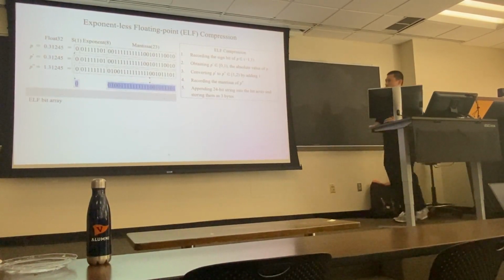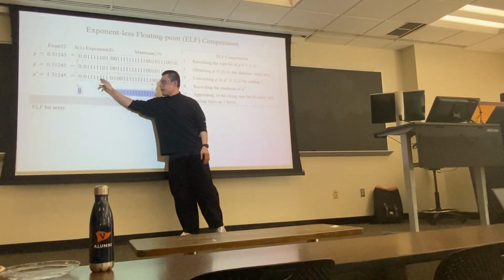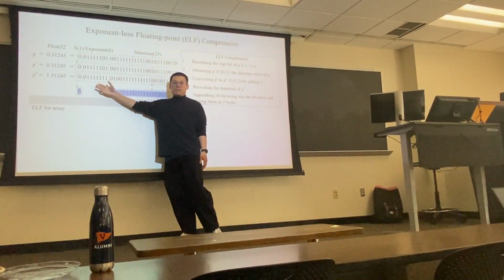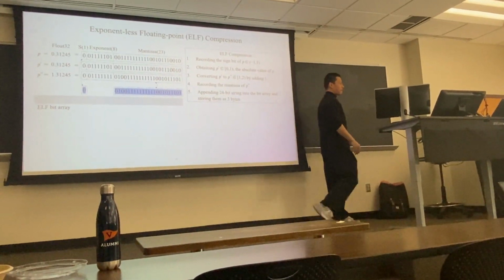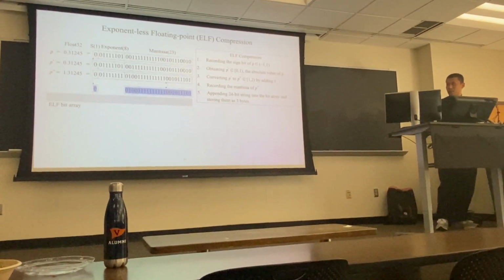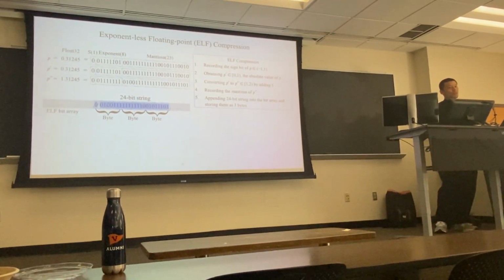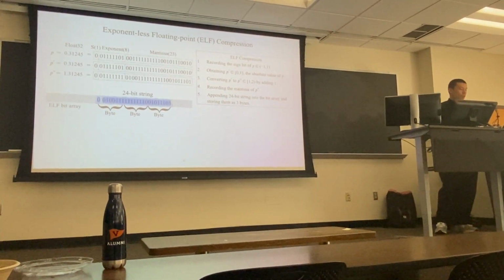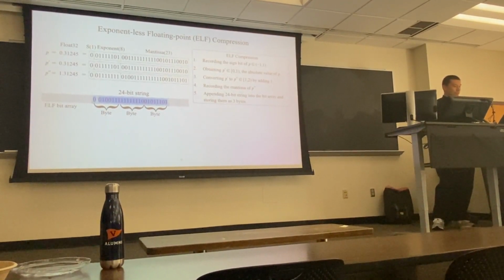We just record the magnitude of P double prime, because the exponent is the same, it's all the same and fixed. So we know we can just remove it, right? This is 1 bit, this is 23 bits, and we can take them together, it will be 24 bits. And we can store these 24 bits into 3 bytes. This is the compression.